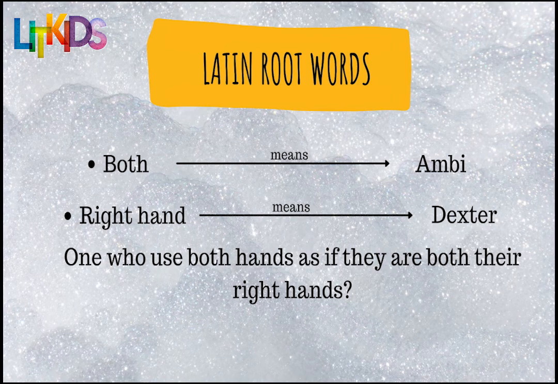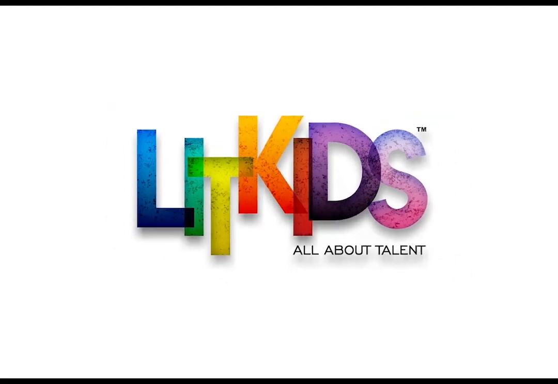So, for a bit of context, in Roman times, the right hand was considered the auspicious hand, as most people wrote with their right hand. But today we have a word that means somebody who's capable of writing with both their hands. And this word, if you haven't guessed yet, is ambidextrous.